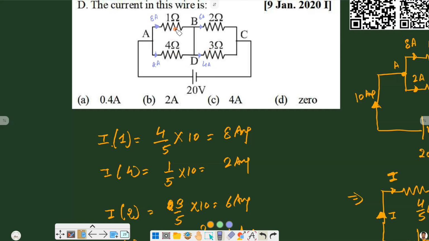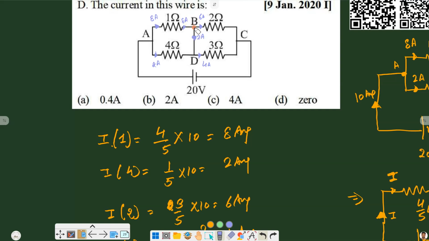Now, if you see carefully, this 8 ampere current, after passing through 1 ohm resistance, has to split into two parts, because only 6 ampere is passing through 2 ohm. The rest, 2 ampere of this 8 ampere, should go downwards.